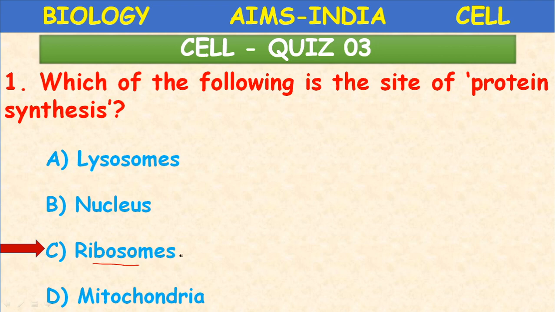That's why ribosomes are also called protein factories of the cell. These ribosomes are present both in plant cells and animal cells. They are small globular structures. Their main function is protein synthesis.